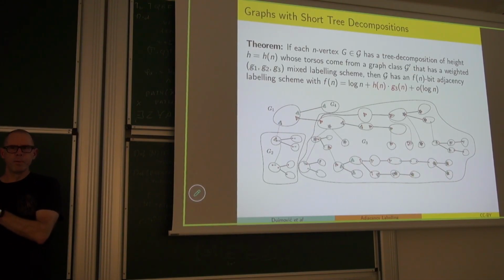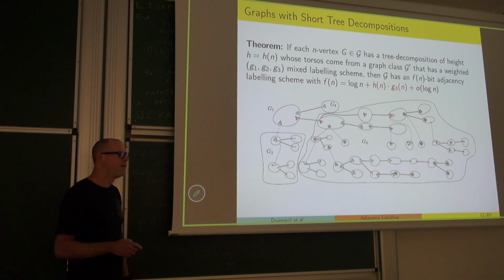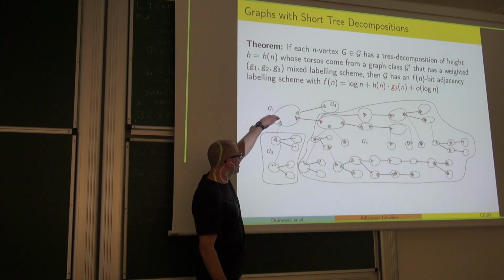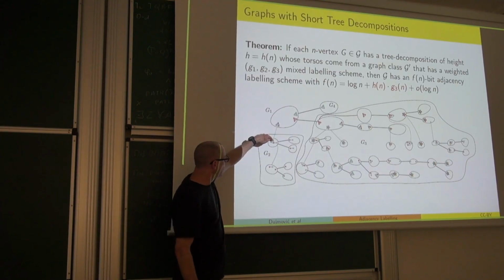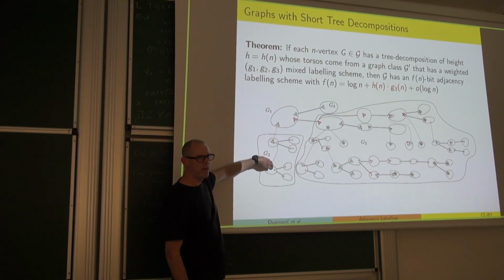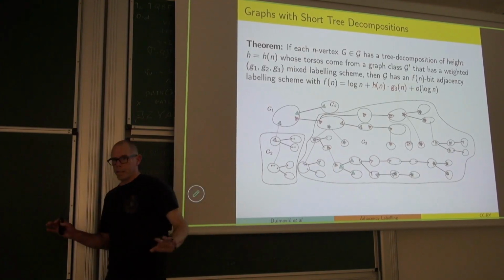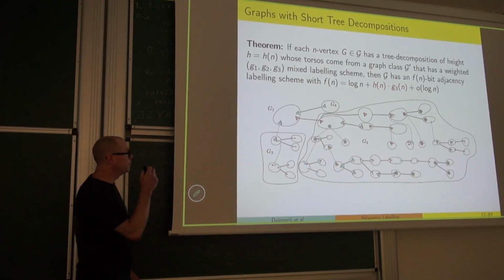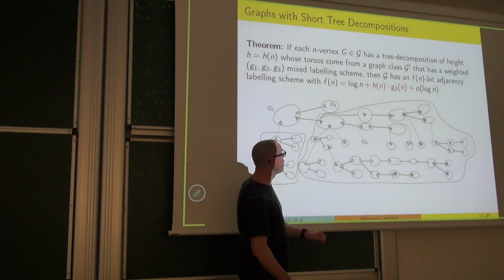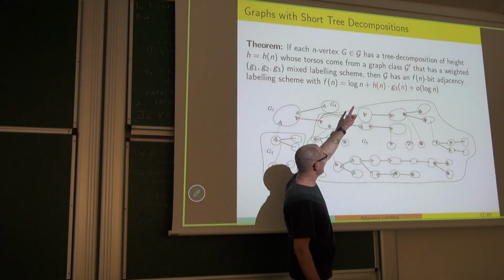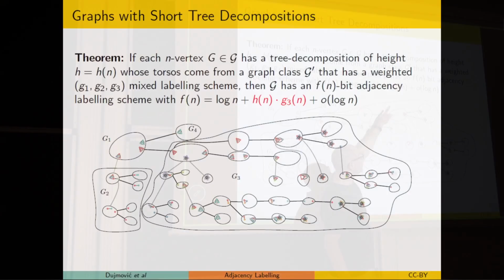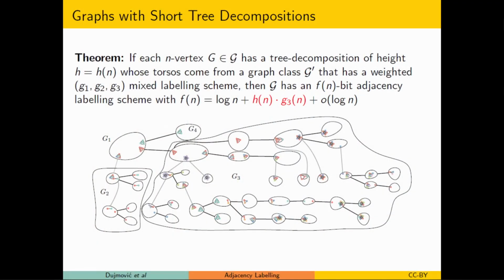And you thought that was okay because it was a little o of log n, but that means I get that plus G3 of n here, and then when I recurse, I get the plus G3 of n here, and then again here. But what you can deduce with no more ideas than that is that if you have a bound on the height of the tree, then you get a labeling scheme which is log n plus the height of the tree times G3 of n plus some little o of log n. So it comes close. You just need tree decompositions of small height. Okay?